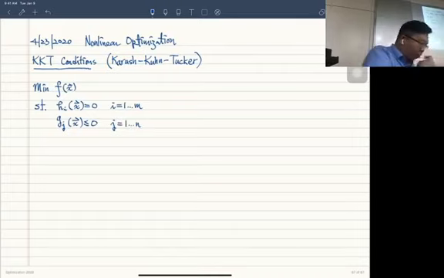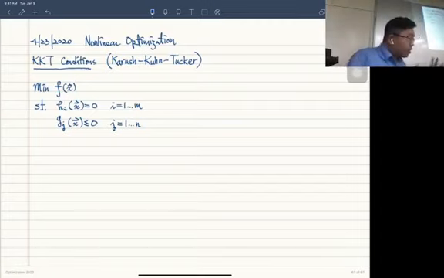This is a very general optimization formulation where I have one objective function f, and a bunch of equality constraints h, and a bunch of inequality constraints g. I use the index i to represent the number of your equality constraint, and I use the index j to represent the number of your inequality constraint. Okay, so this is very standard.